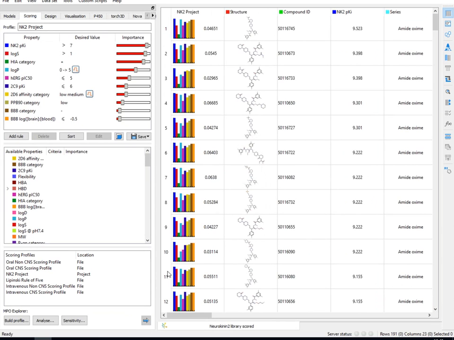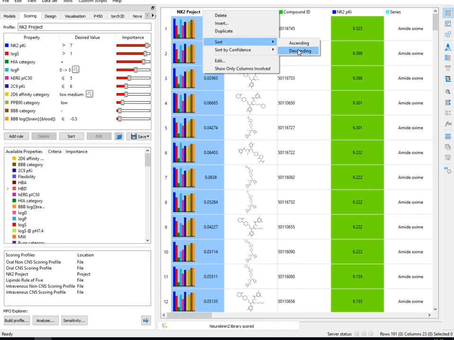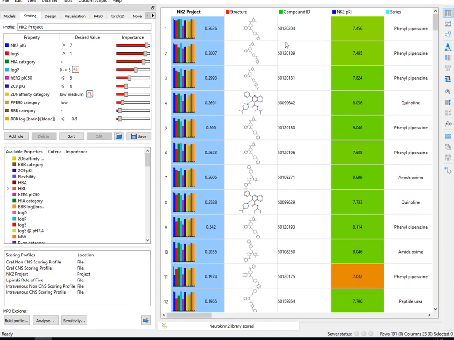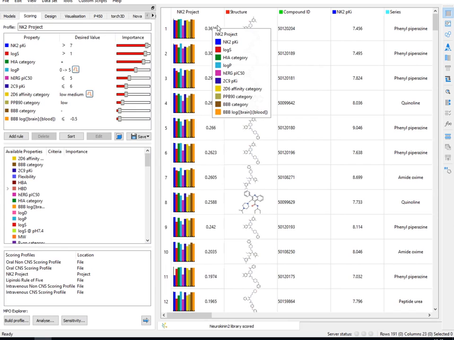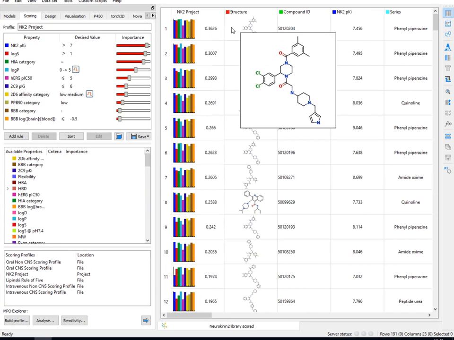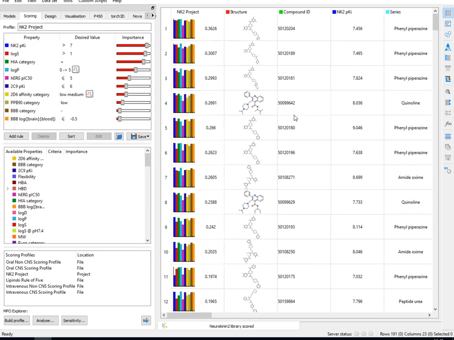And if we score those compounds, what we generate is a score that represents the likelihood of success, that is, the probability of achieving the ideal outcome that we've defined. And I've just sorted these to show that the highest scoring compounds in this data set have 20, 30, I guess almost 40% chance of success, which is pretty good at this stage of a project, given all that uncertainty in the data.